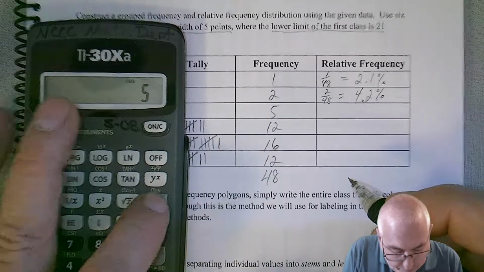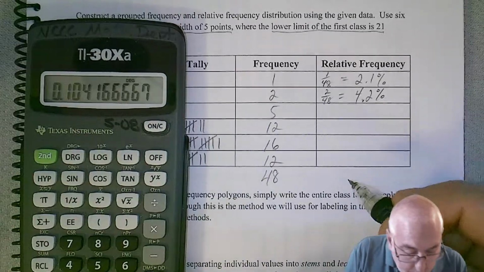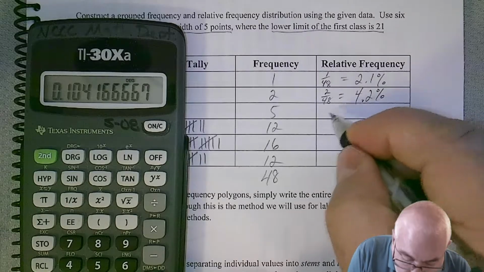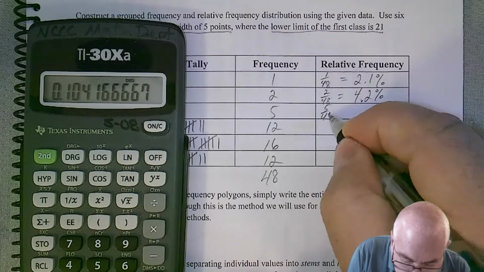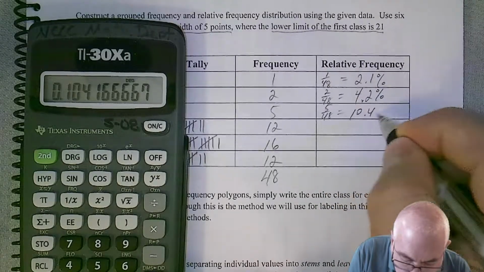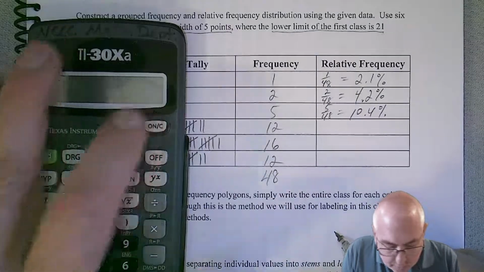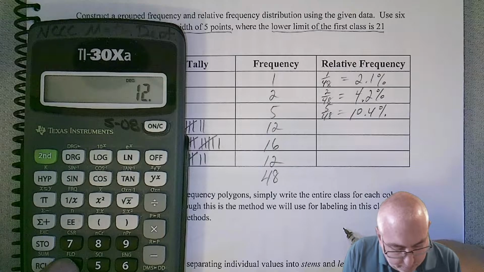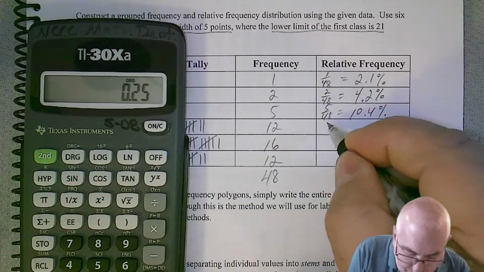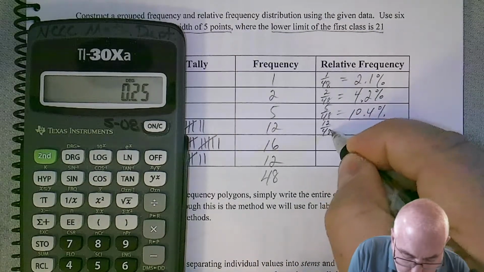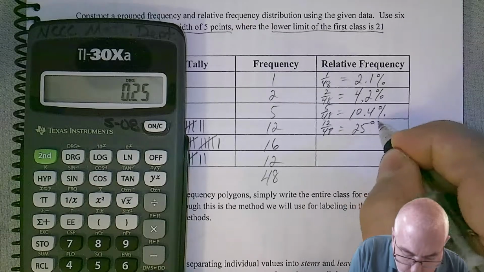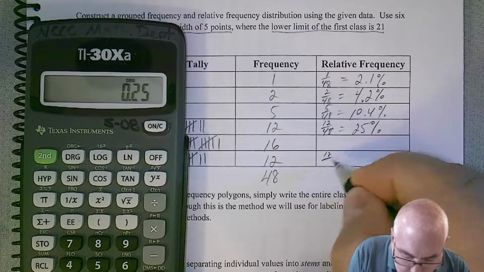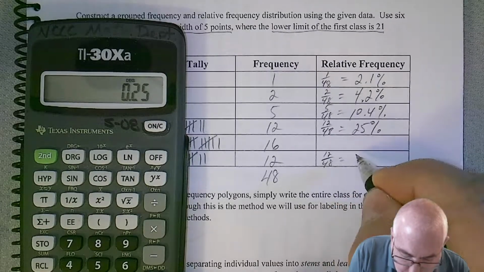5 looks like 10.4. Okay, 12 out of 48. I should know that one, right? Yeah, 25%. And we might as well do that one too.